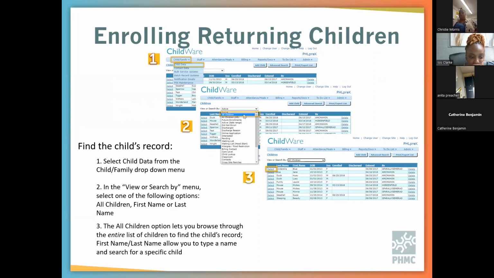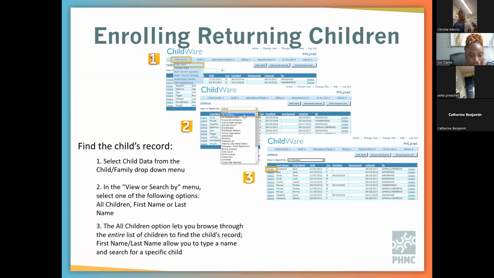There is also, if you scroll down in that drop-down menu, an option to search by first or last name as well. That will help you easily identify a specific child if you have a lot of children in your system. There's also that advanced search button where you can put identifying information about the child, and then it will populate a list of children that match those criteria.